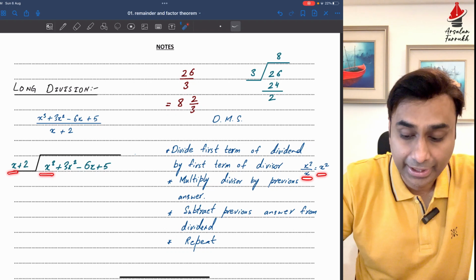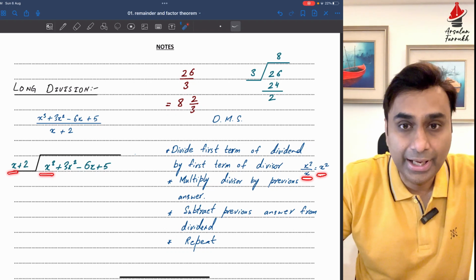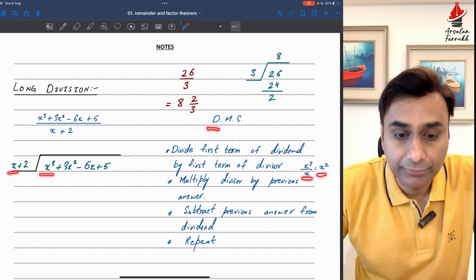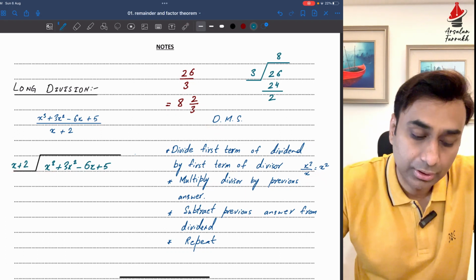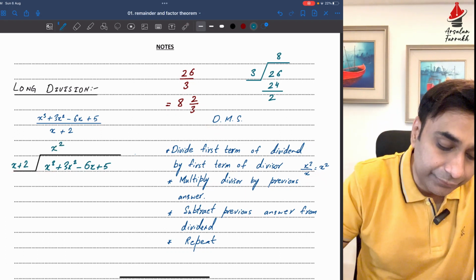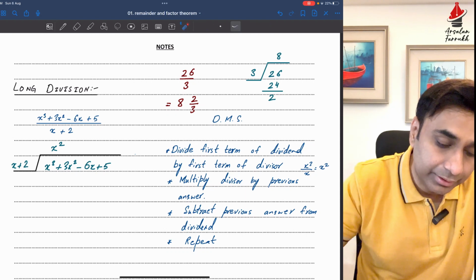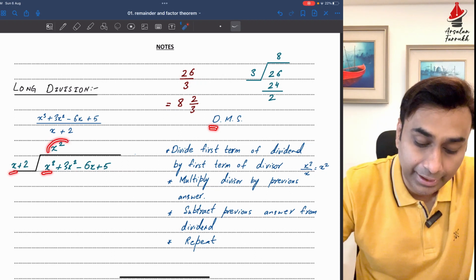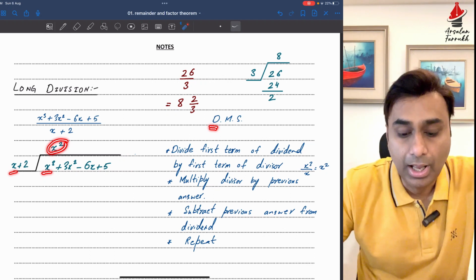Like in this case, you would divide x cubed by x and you get x squared. Once you've done the division, you've gotten yourself the first term of the quotient. So you write that first term of the quotient over here. This is the D step being done, which means you've divided x cubed by x and you've gotten yourself an x squared, which you wrote over here.